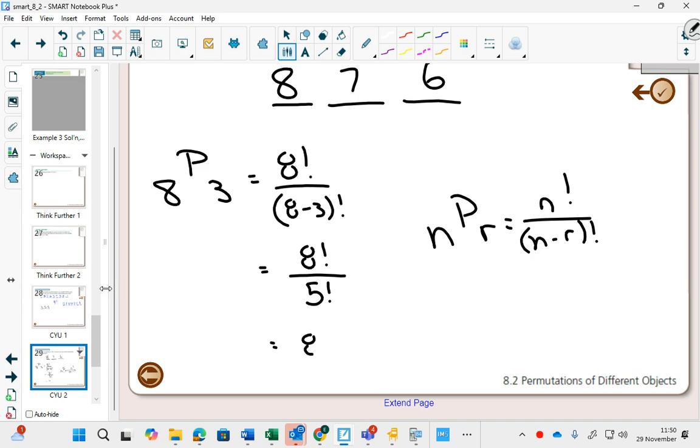So I start with the biggest number that I see, which is the 8, and I keep going down until I get to 5, and then I put an exclamation mark to say it should keep on going, but because I have a 5 factorial on the bottom, it would cancel out. And you see that you just get the 8, the 7, and the 6, the same that we had with our decision.